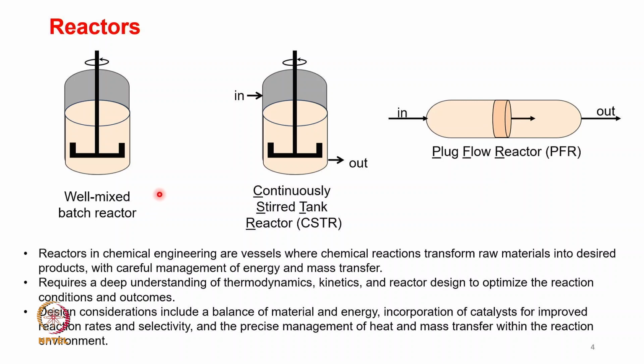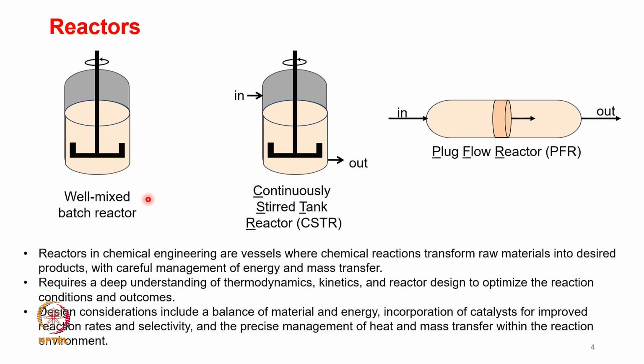In a batch reactor, your feed and the desired components are charged in the reactor directly. The reactor is of course a closed vessel and the reaction takes place, and once a specified time is completed, assuming the reaction has completely taken place, you open up the reactor and take out the products.